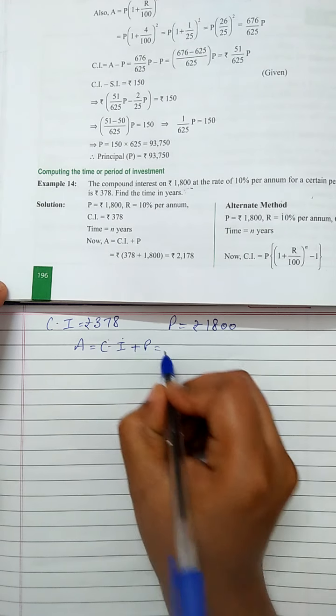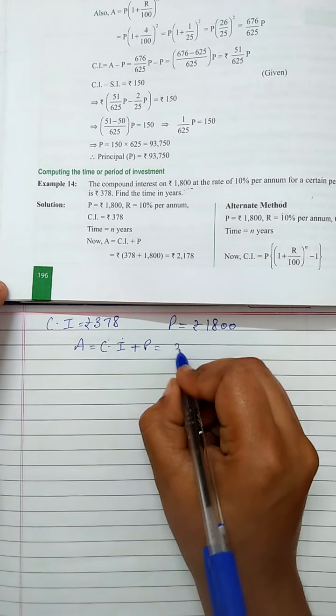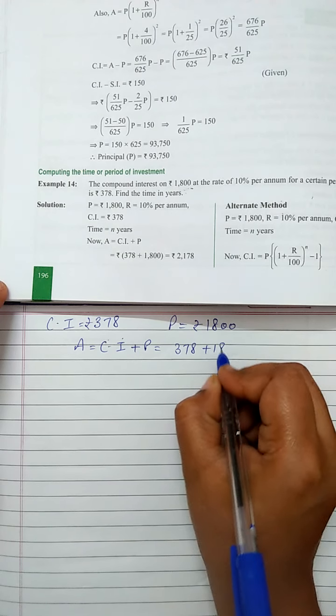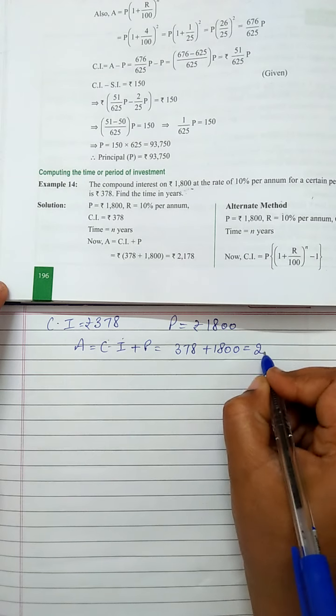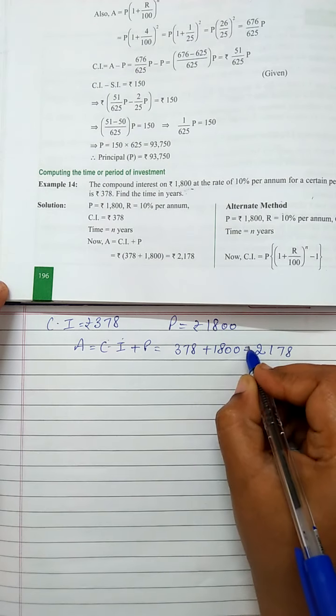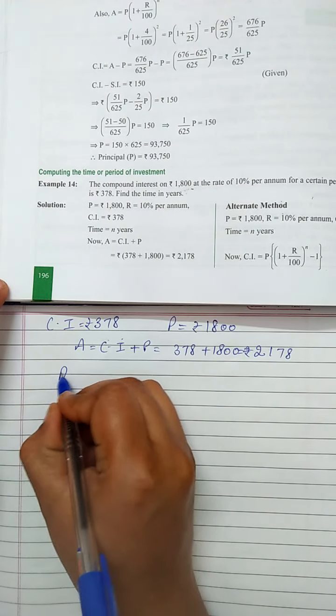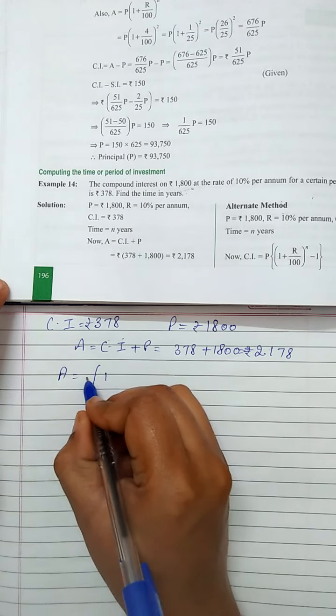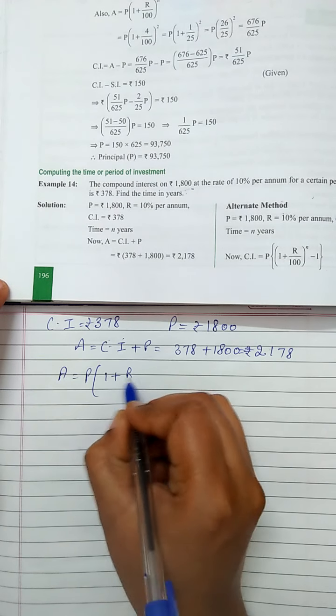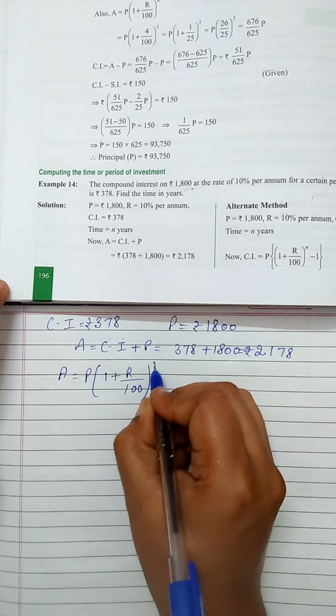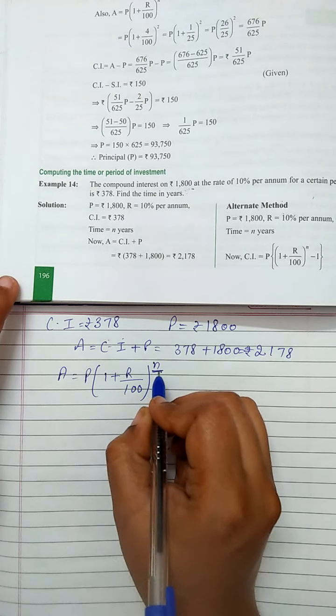Compound interest plus principal. So 378 plus 1800 is equal to 2178. So we get the amount. Now we apply the formula of amount, principal times 1 plus rate upon 100 raised to power n. n is the number of years, meaning time.